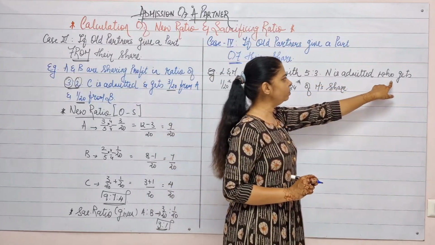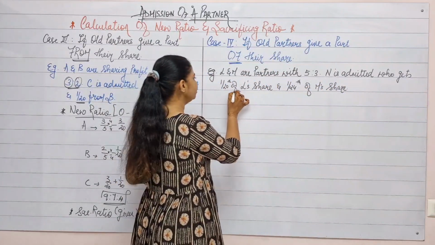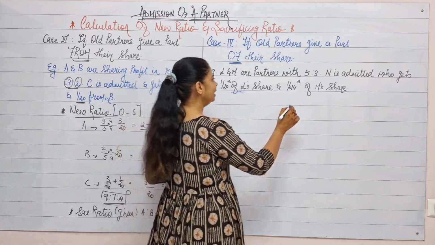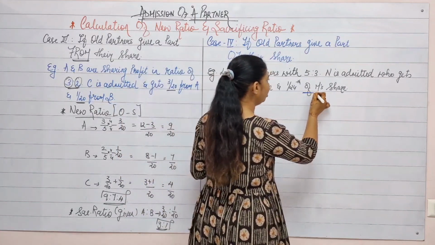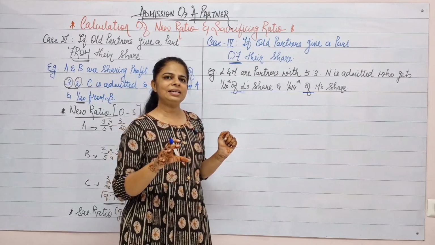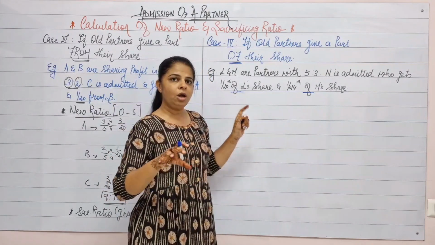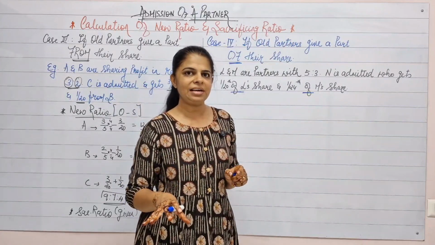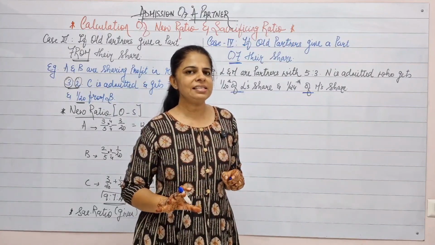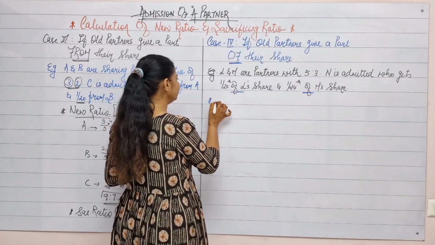N is admitted who gets 1/20th of L's share and 1/24th of M's share. Now when a partner is getting a certain proportion of an existing partner's share, we first need to calculate sacrificing ratio. Let's see how it works.